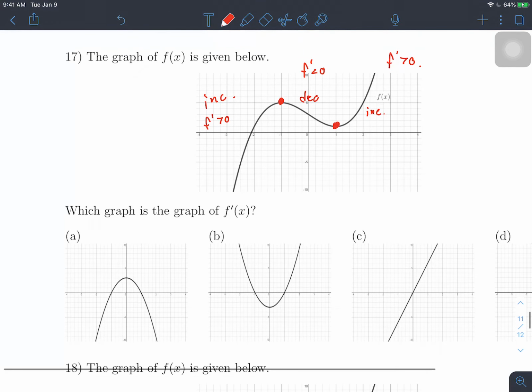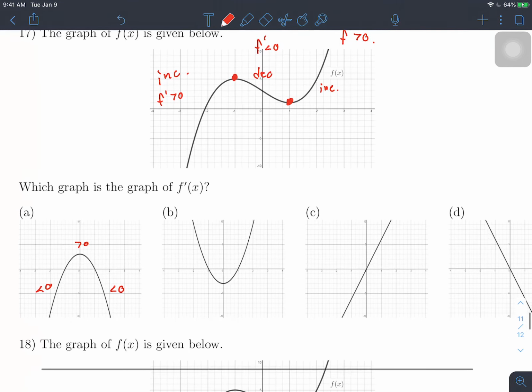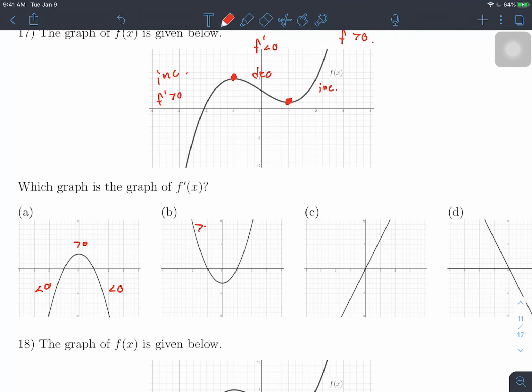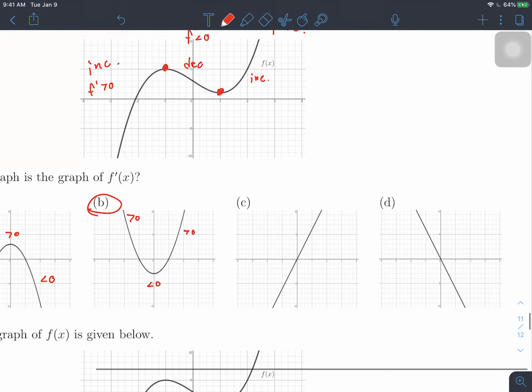Well, in the first picture here, we're less than 0, then greater than 0, and then less than 0, which is the polar opposite of what we want. The second one, we've got greater than 0, then less than 0, and then greater than 0. So that one's going to be it for sure, but let's check the other ones. Less than 0, then greater than 0, or greater than 0, and then less than 0.